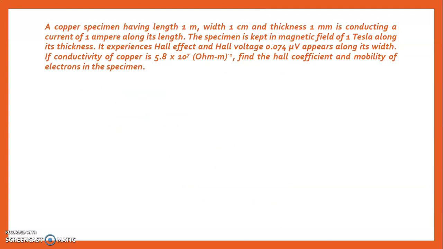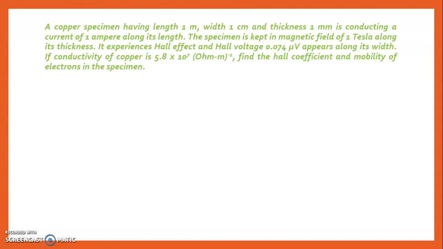The next numerical is: a copper specimen having length 1 meter, width 1 centimeter and thickness 1 mm is conducting a current of 1 ampere along the length. So the current is along the length. The specimen is kept in a magnetic field of 1 Tesla along the thickness. The magnetic field is along the thickness.